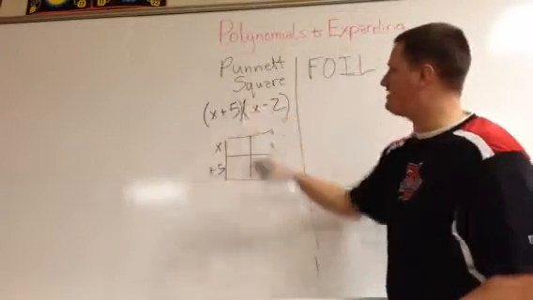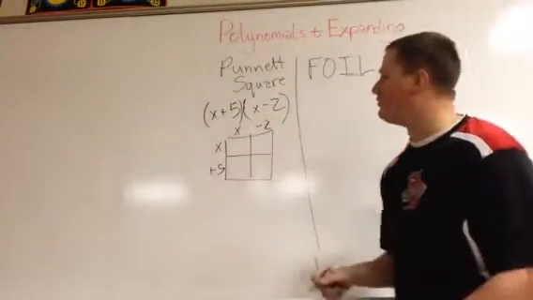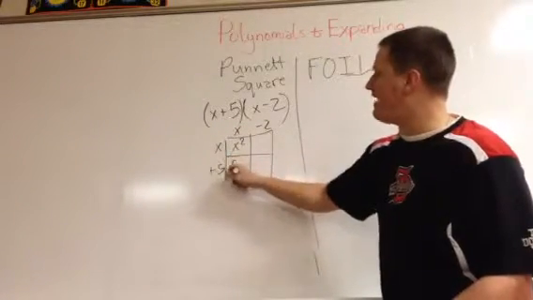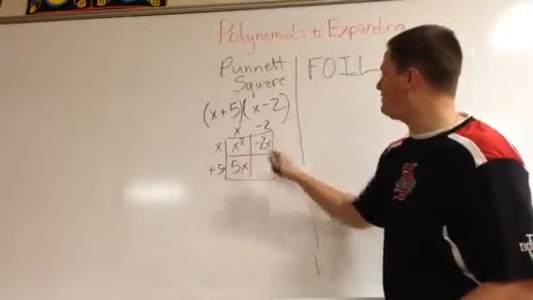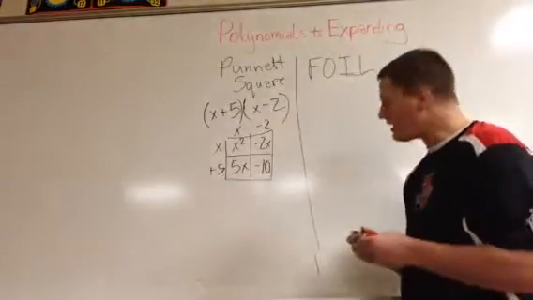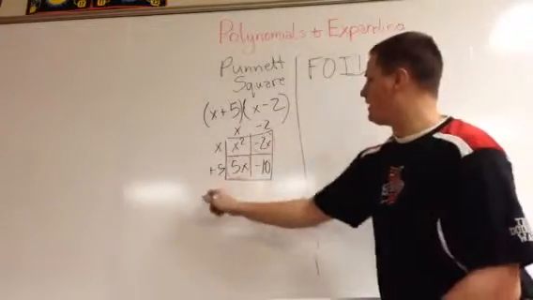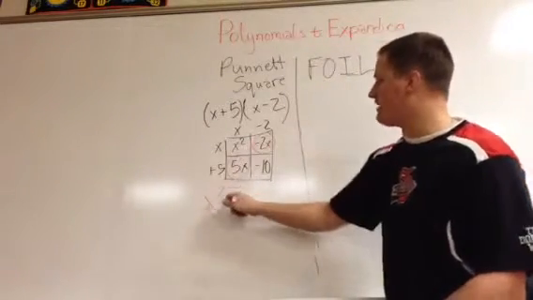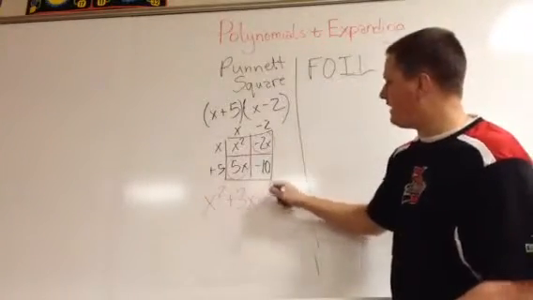Make sure the plus and the minus sign always go with what follows them, x and minus 2. X times x is x squared. X times 5 is 5x. X times negative 2 is negative 2x. And positive 5 times negative 2 is negative 10. Again, we will have like terms that will need to be combined. We're going to get x squared. 5 and negative 2 will give us a positive 3x. And lastly, we have our negative 10 at the end.